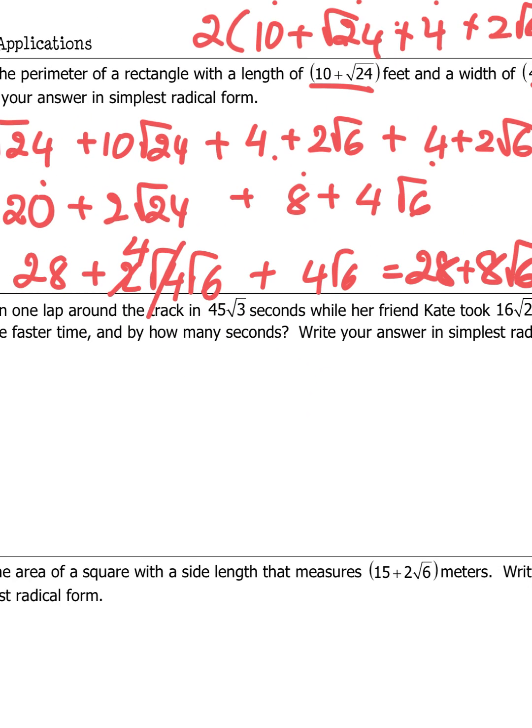Eva ran 1 lap around the track in 45 square root 3 seconds, while her friend Kate took 16 square root 27. Who had the faster time and by how many seconds? Okay, so the person who had the faster time is 45 square root 3. And let's subtract to see by how many seconds.